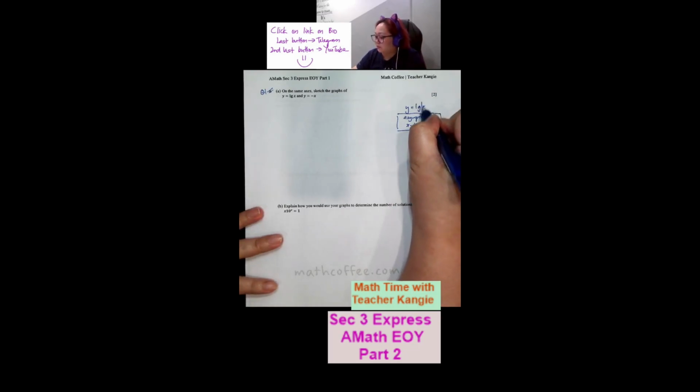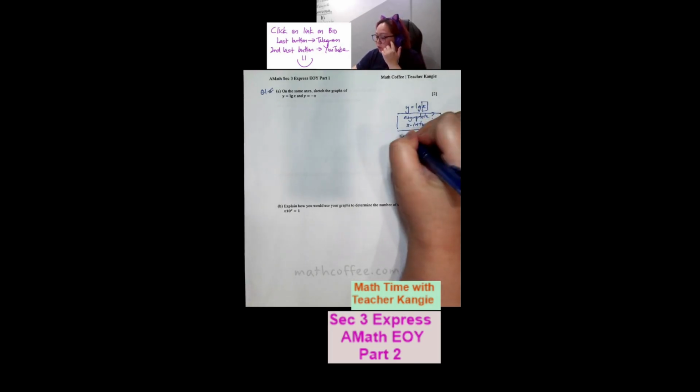Now, what is the asymptote? Look at this part here. We know that x in log x cannot be 0, and therefore the asymptote will be x equals to 0. And in this case, x equals to 0 is actually the y-axis.